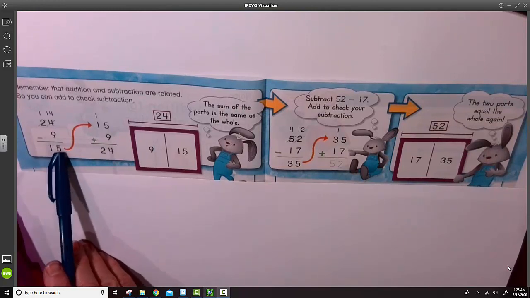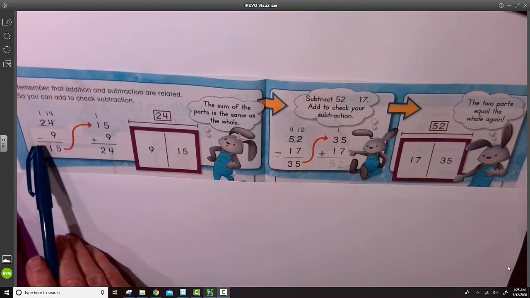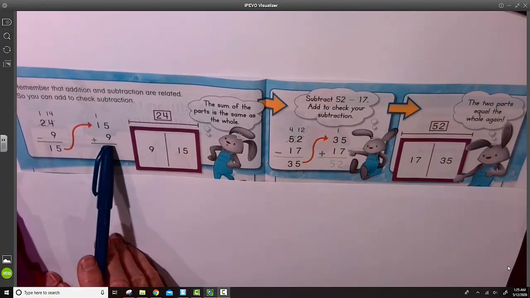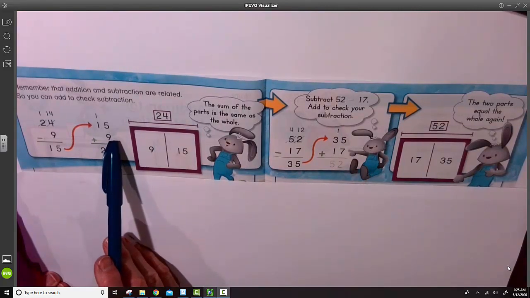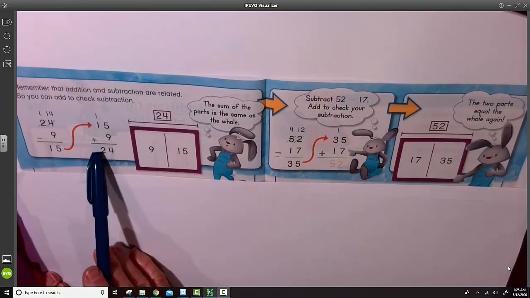So our difference, which is 15, is added to the subtrahend, which is 9. And when the difference and the subtrahend are added together, we find the minuend.